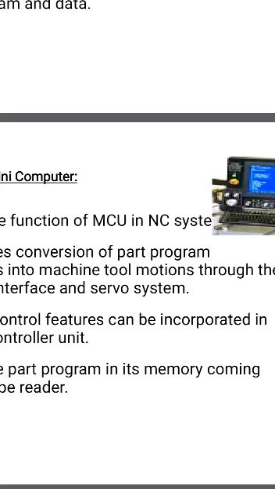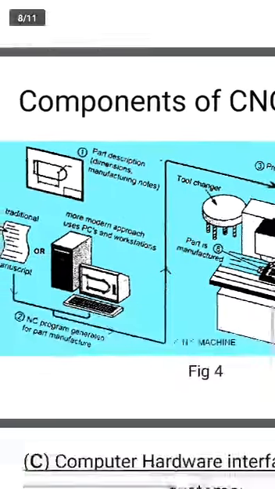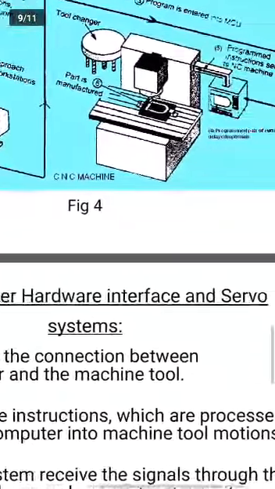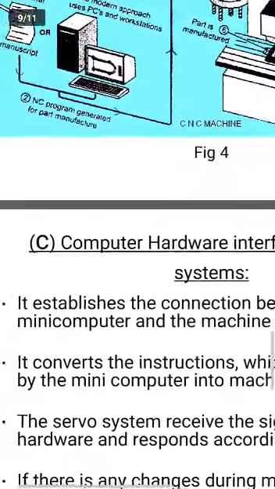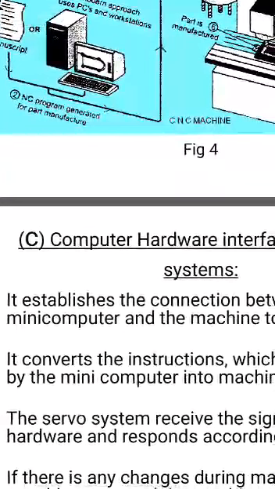Next one is the interface and servo system. What is this interface and servo system? A computer cannot be connected directly to the CNC machine. First it is connected to an interface, which converts the signals from the computer into a form the CNC machine can understand.